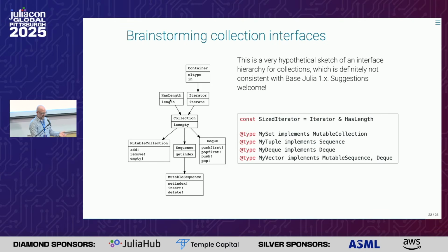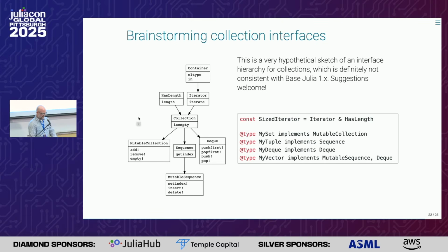I have a separate hasLength interface, and then a collection interface which extends hasLength and iterator, and it also adds this isEmpty method. So this collection interface is really for immutable collections. If you want a mutable collection, you need to add a few more methods to your interface. So you extend collection to mutable collection with some methods to work with mutability like add, remove, and empty.